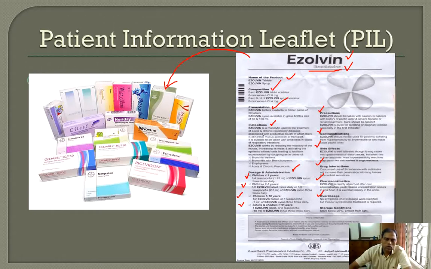In case of overdosage, what will happen and what needs to be done. Then storage condition, at what temperature or what storage condition has to be maintained for this medication. See, this is how it will be.